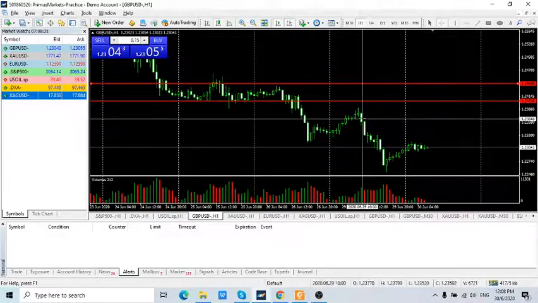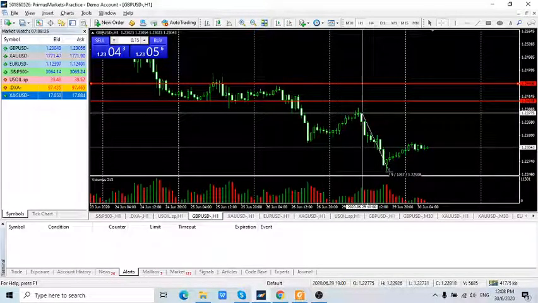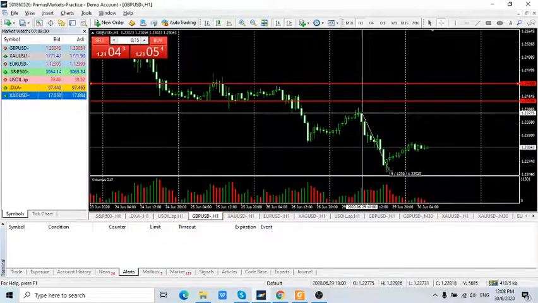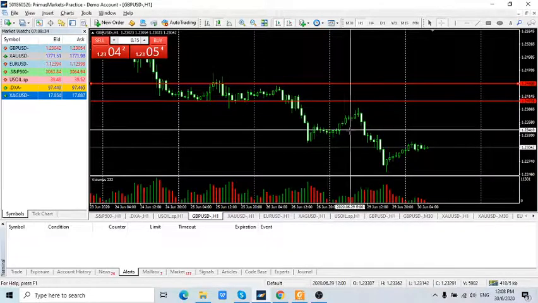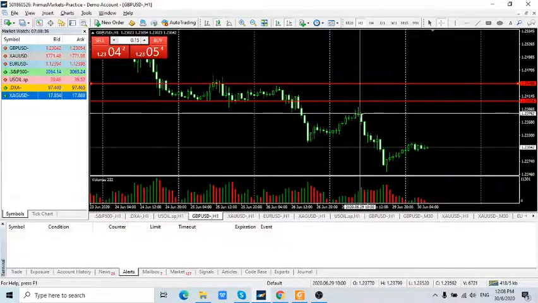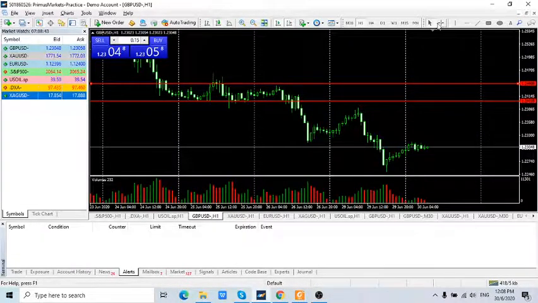So altogether, from 3 p.m. until the US trading session, the UK pound weakened about 126 pips. Okay, so very beautiful move again, very gradual and very subtle move, but it still managed to move its customary 150 pips daily range.